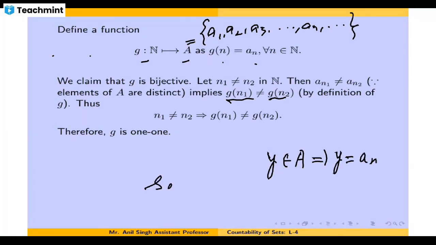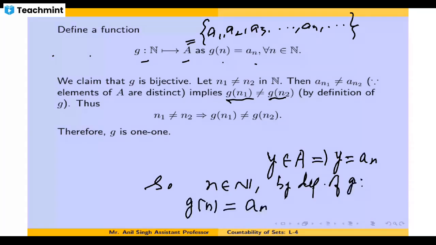So this is the number n. By the definition of g, what should g of n be? g of n has to be an, but an is y. So whenever you choose an element y in A, you have been able to find a natural number n whose image is y. That means every element in A has a pre-image. No element is left without a pre-image.